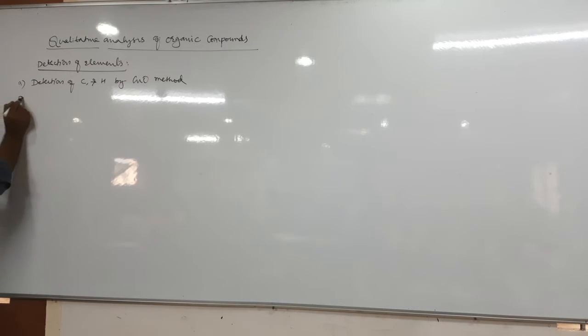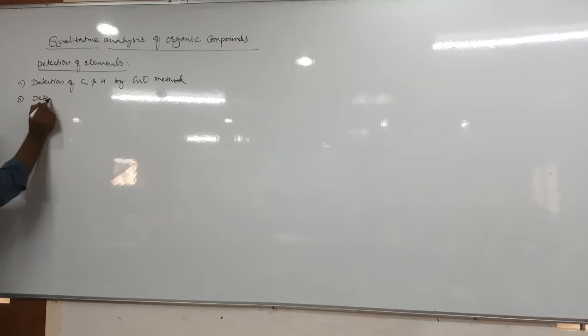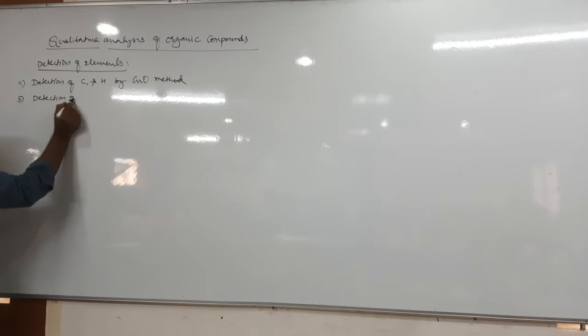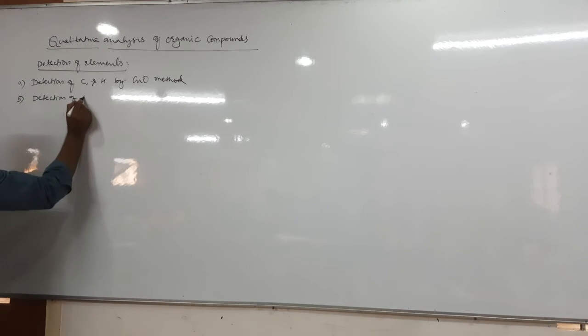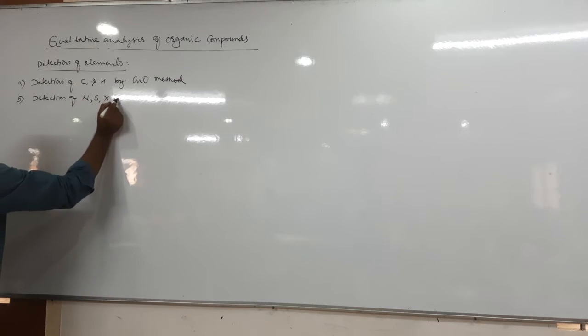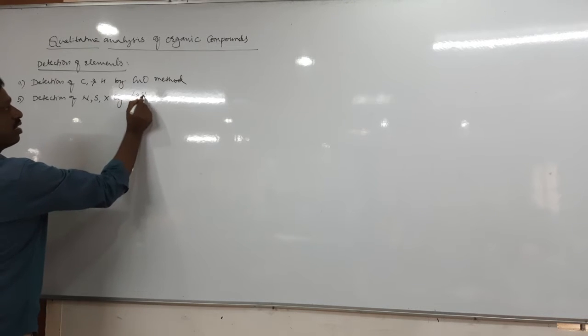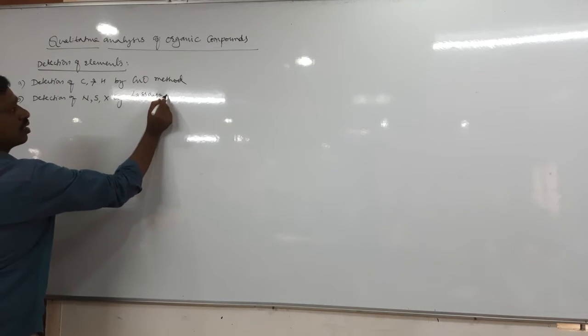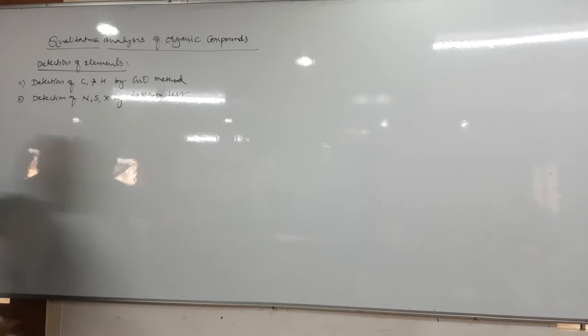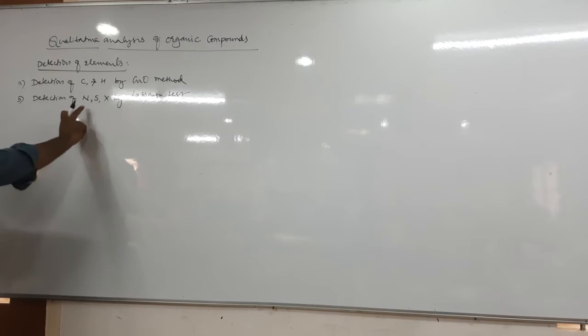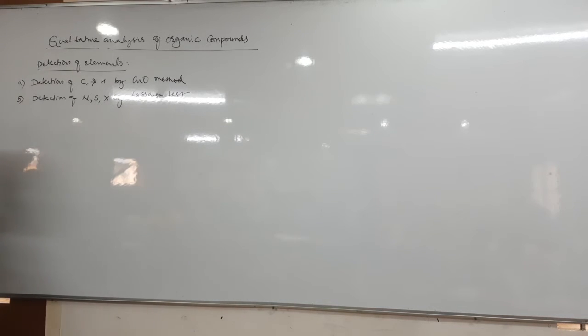Next, B, we also study detection of other elements, particularly nitrogen, sulfur and halogen, by the same method, that is the Lassaigne test. By using the Lassaigne test, we can detect the nitrogen, sulfur and halogen.